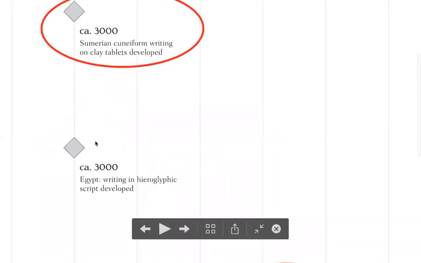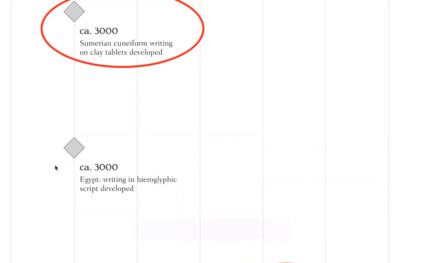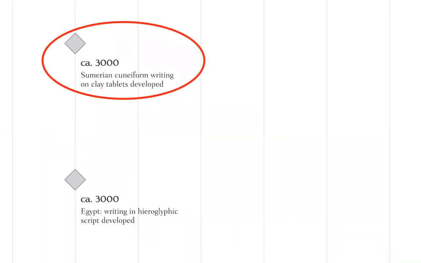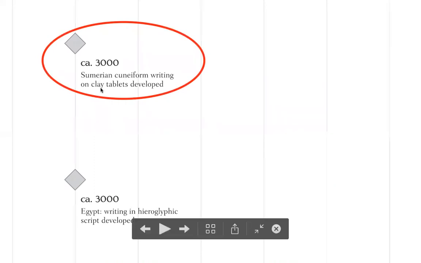It actually appears roughly about the same time as Egyptian hieroglyphic writing, but in a different region. Egypt is technically in the northeast corner of the continent of Africa, and Sumeria would have been what is present day Iraq, and therefore the Middle East or the Asian continent.